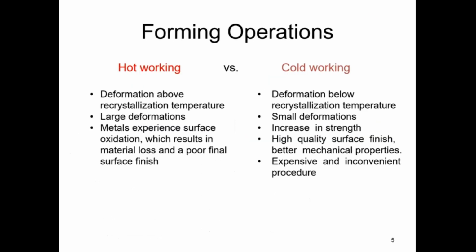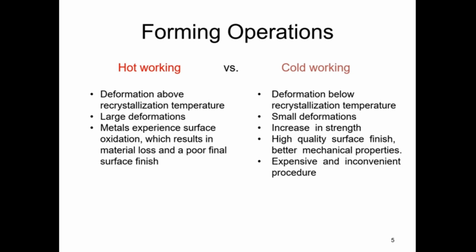For forming operations, we can conduct this under two different temperatures, either hot working operation or cold working operation. For hot working operation, deformation of the metal alloys occurs above recrystallization temperature, while in cold working operation, the deformation occurs below recrystallization temperature.